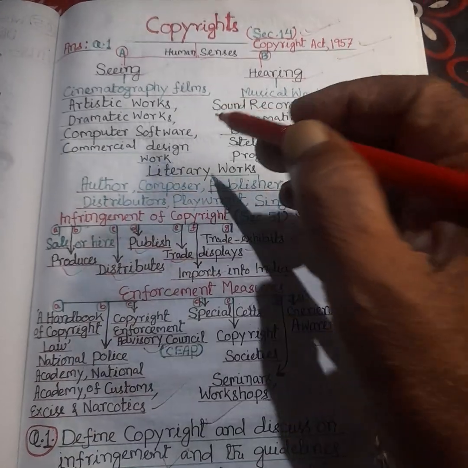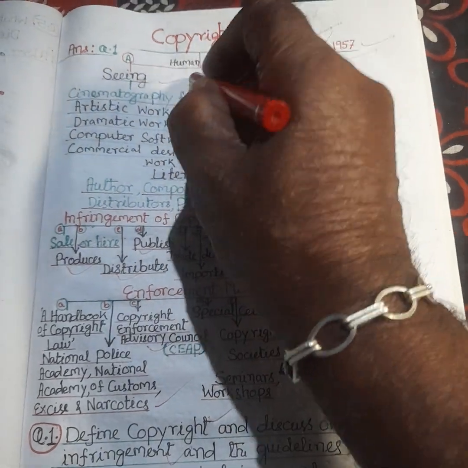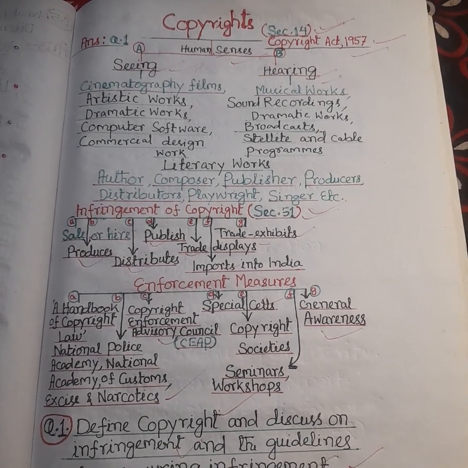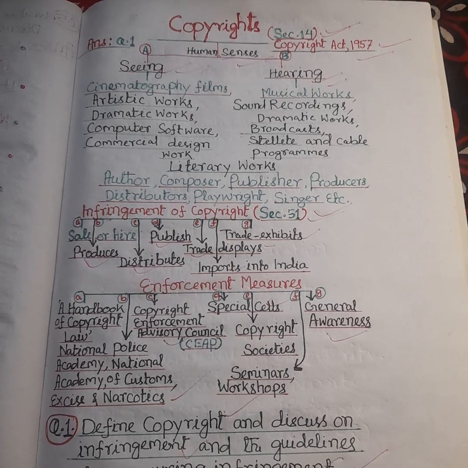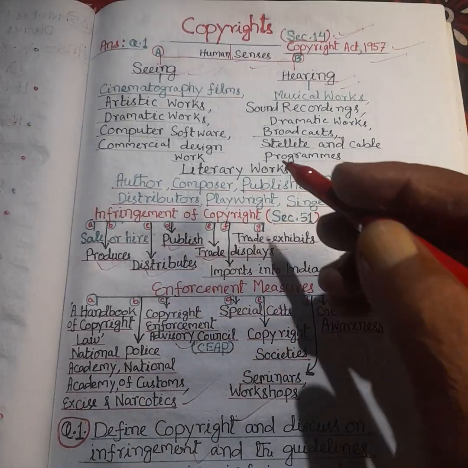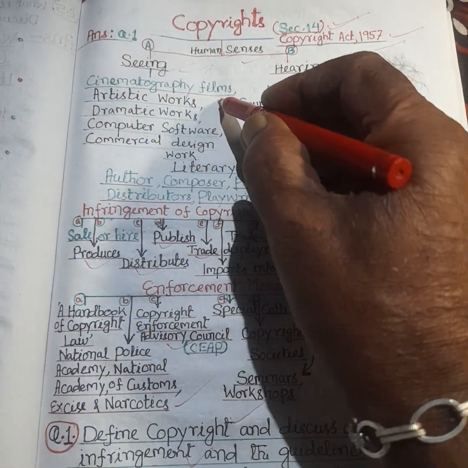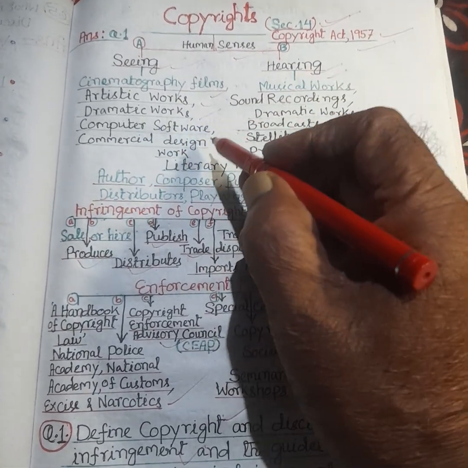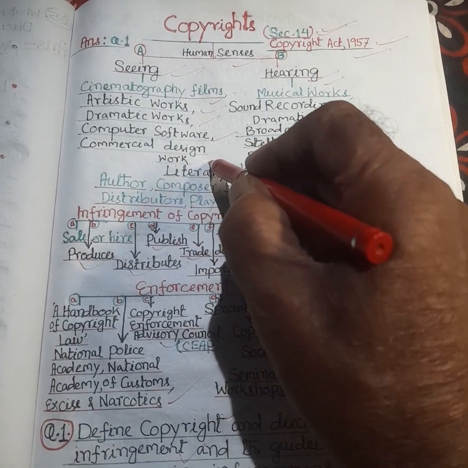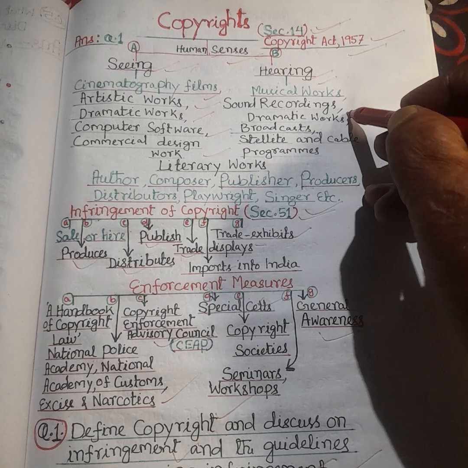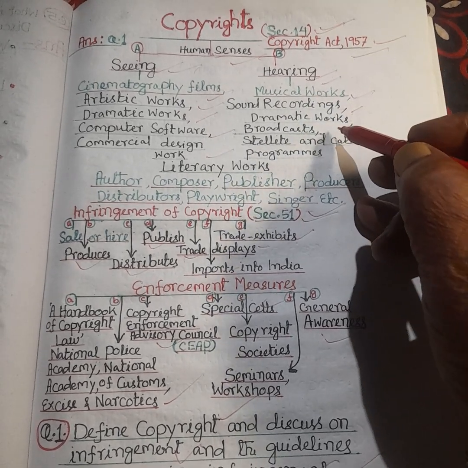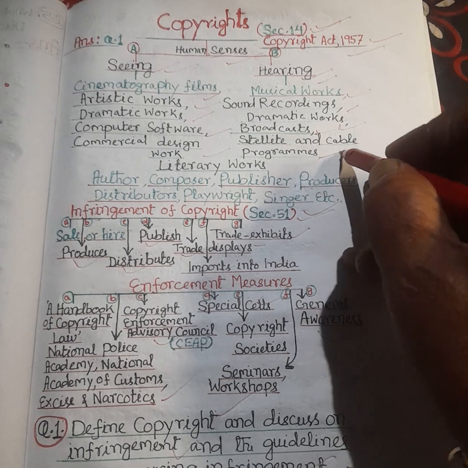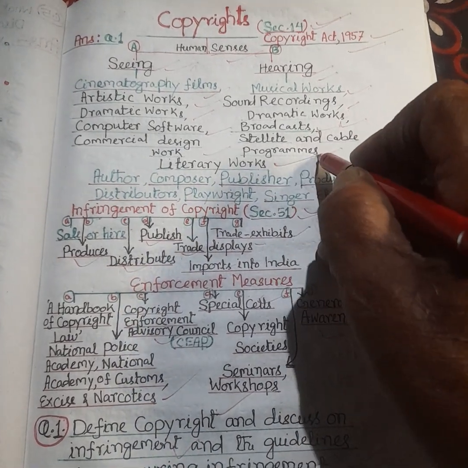Generally, two important human senses, seeing and hearing, are both affected by the creation of certain works. Such works which affect these two senses are cinematography, films, artistic works, dramatic works, computer software, commercial design works, sound recordings, musical works, broadcast, satellite, and cable programs, as well as literary works.